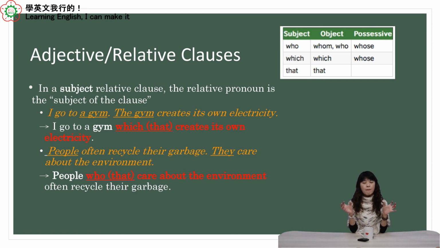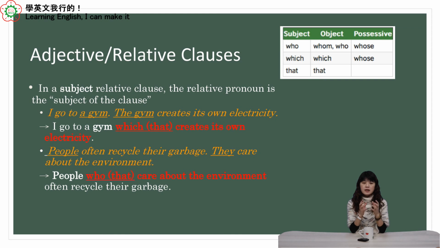So we can combine these two simple sentences into one sentence. How can you combine them? We don't use a conjunction word here. We want to make it more fancy, so we will use a relative clause. You can see "a gym" and "the gym" here. These are the same thing.